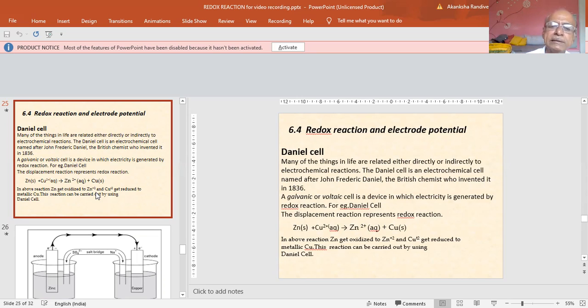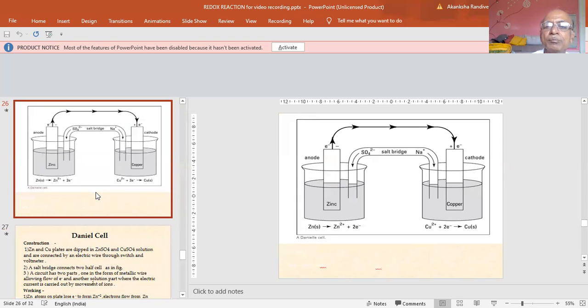For example, the Daniell cell. The displacement reaction represents a redox reaction. In this cell, Zn (s) + Cu2+ (aq) gives Zn2+ (aq) + Cu (s). In the above reaction, Zn gets oxidized to Zn2+ and Cu2+ gets reduced to metallic Cu. This reaction can be carried out by using the Daniell cell, represented by a diagram.